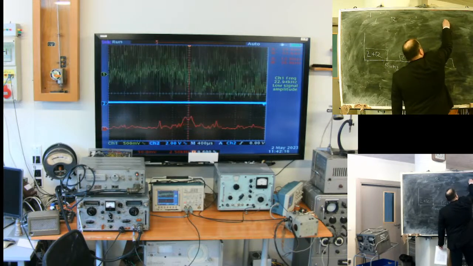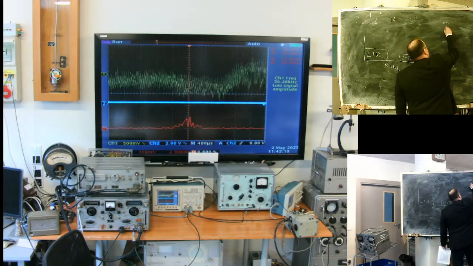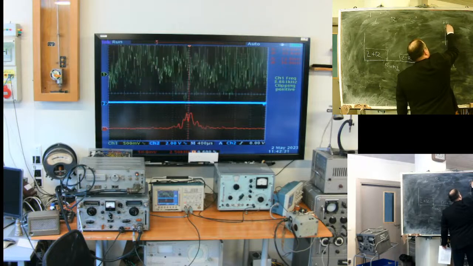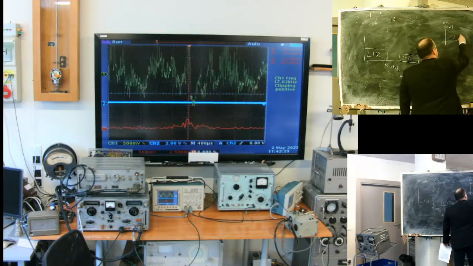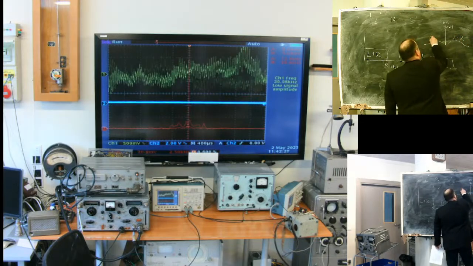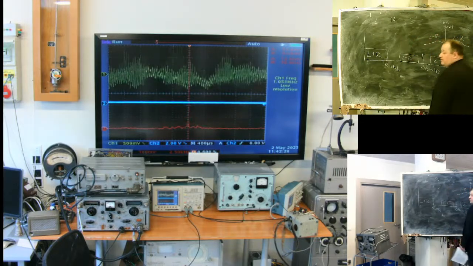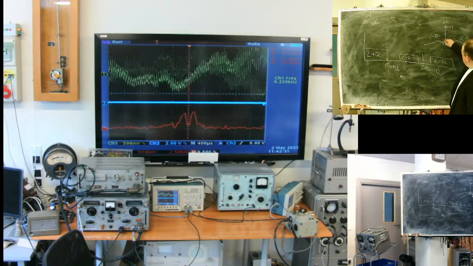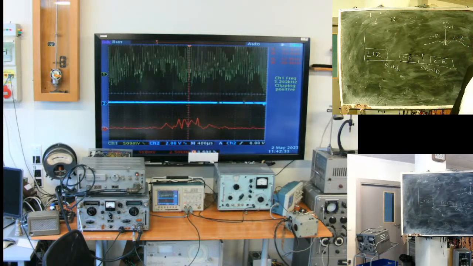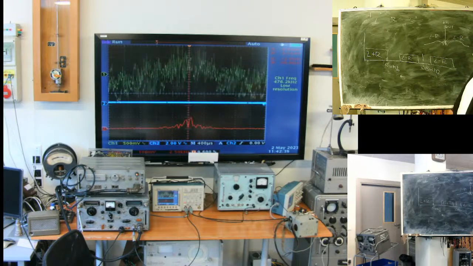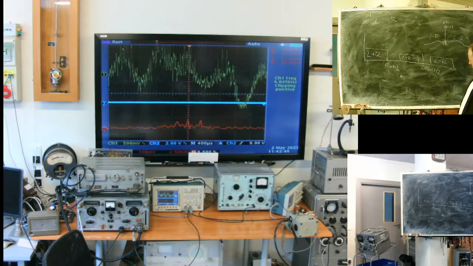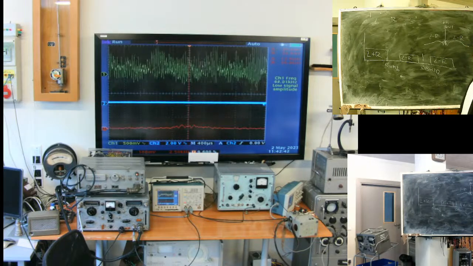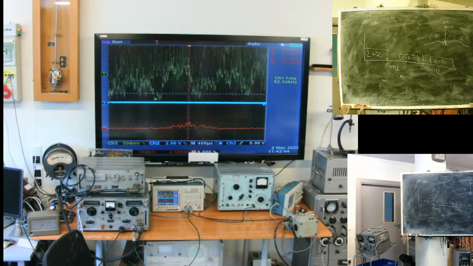Originally it was AM, 38 kilohertz, and the spectrum of left minus right. But before broadcasting, the carrier frequency was removed. It saves energy and reduces crosstalk.